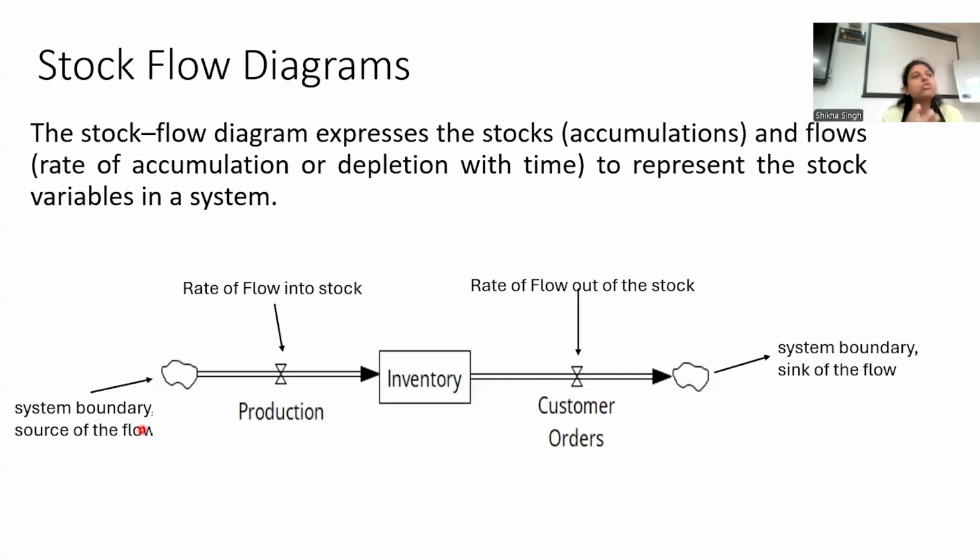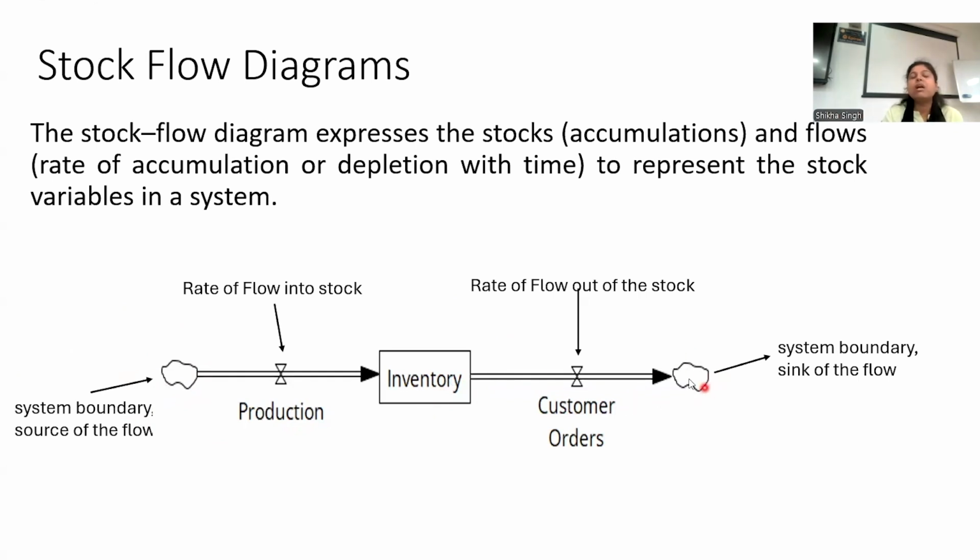But here, just to minimize the clutter or just to understand one parameter, we can say that the source is unlimited or very difficult to define. So we put the cloud sign, which signifies the input source to this particular stock variable, right?